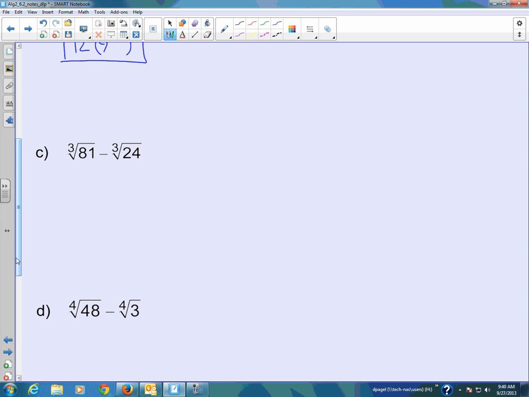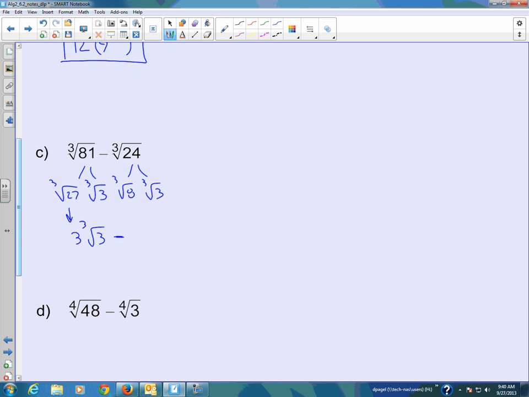So looking at 81, I know that a cube root of 27 and a cube root of 3, and 27 and 3 make 81. Why did I do 27? Because it's a perfect cube. So that just becomes 3 cube root of 3. And hopefully, when I break down this next number, 24, I'll end up with another cube root of 3.